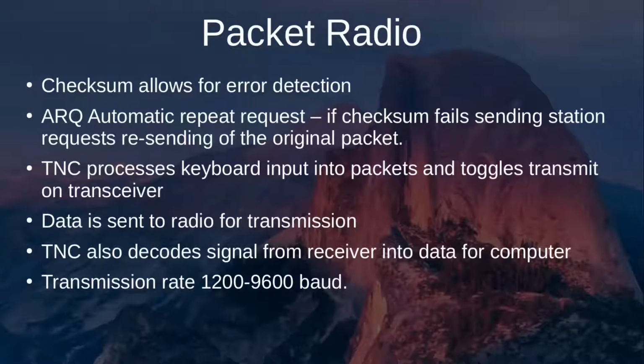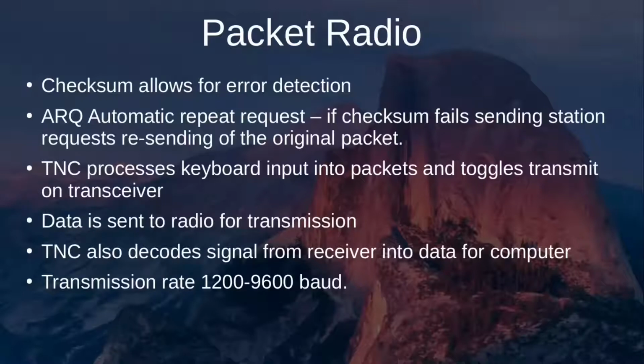You need to resend that message because something must have corrupted it. There could have been static or poor propagation. Something happened to that packet of information that caused it to degrade and contain errors. So can you please resend that information? And that is the ARQ, or automatic repeat request.